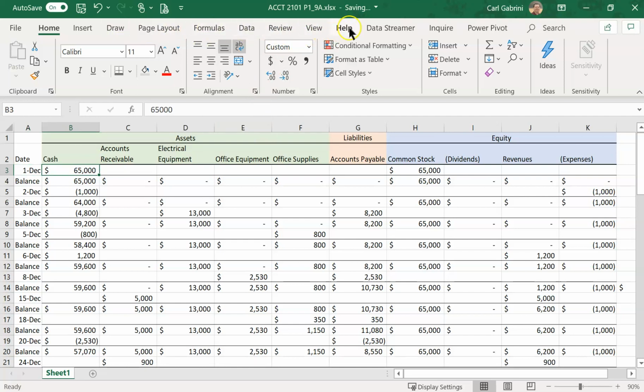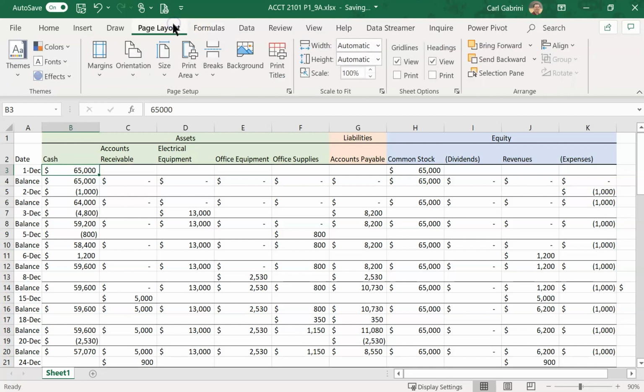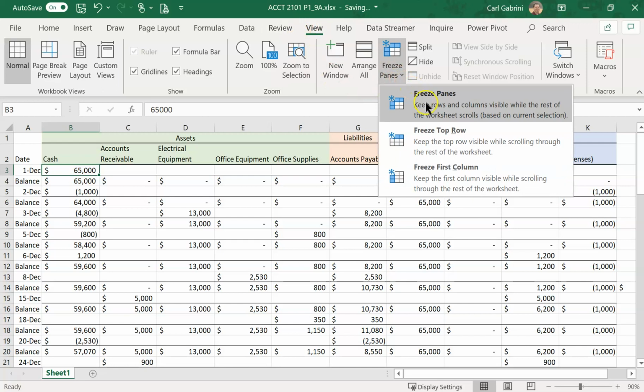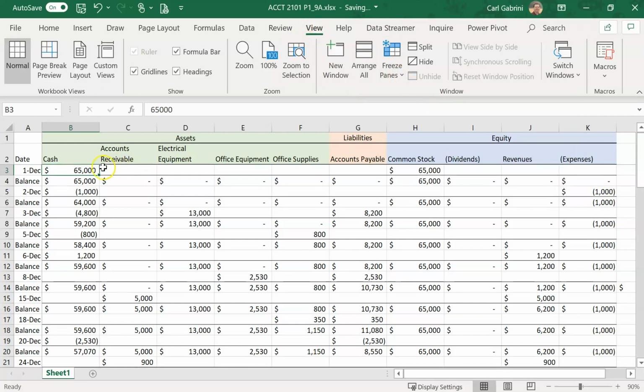You can freeze the formatting here. There we go, view. And we want to freeze panes. Boom. And so now we've got frozen panes here.